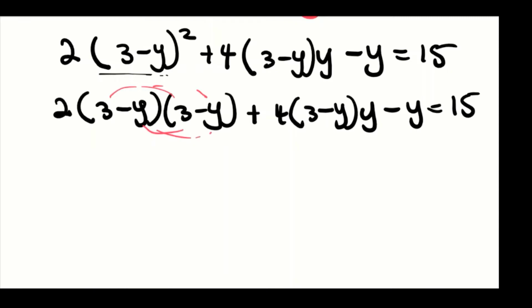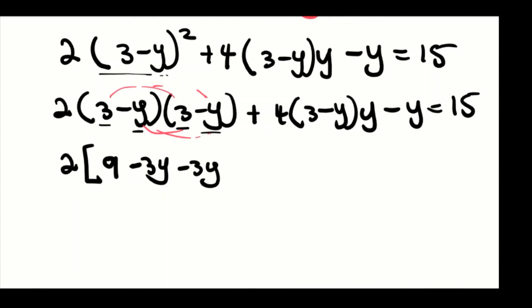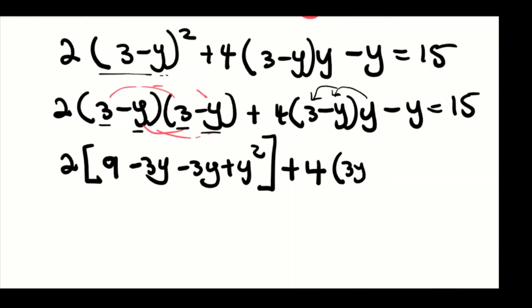So we will have 2 into 3 multiplied by 3 will give you 9, and then we have minus 3y, which is this 3 multiplied by this y, and then this minus y multiplied by this 3 here is going to give you minus 3y also, plus y squared, and then this y here will multiply everything that it finds inside the bracket. So it's just going to be 4 into 3y minus y squared, close bracket, minus y is equal to 15.